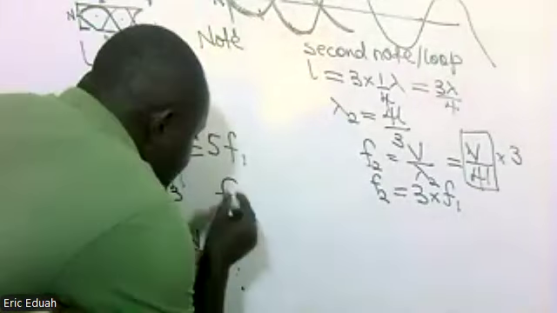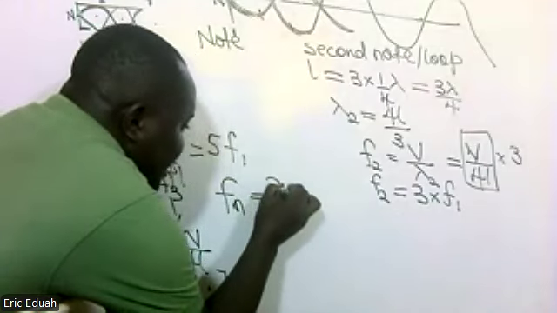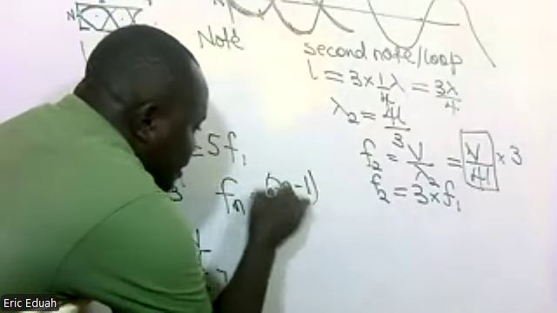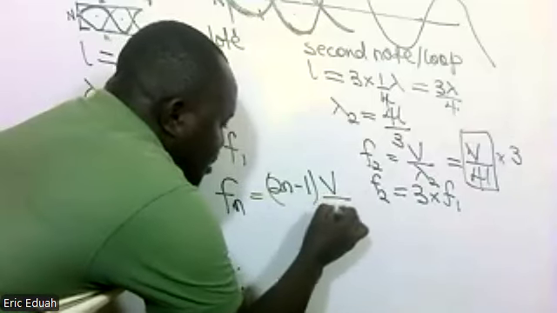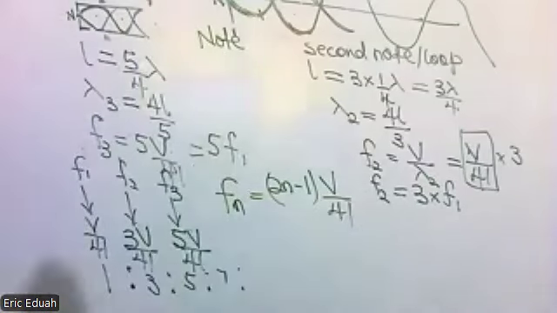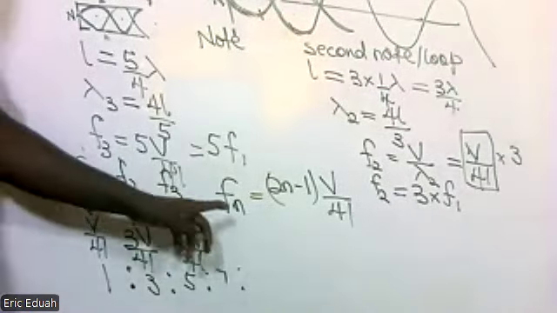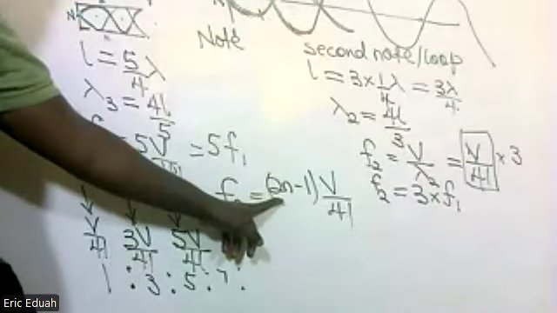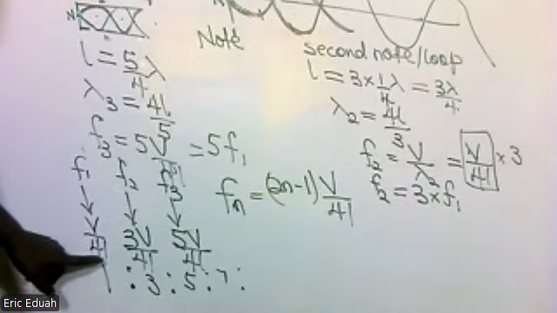If n is 1, we have V on 4L, which is true.